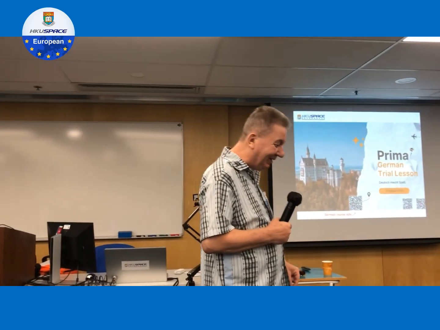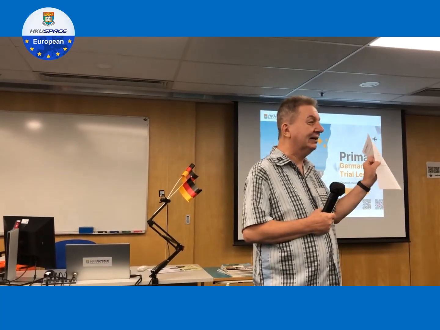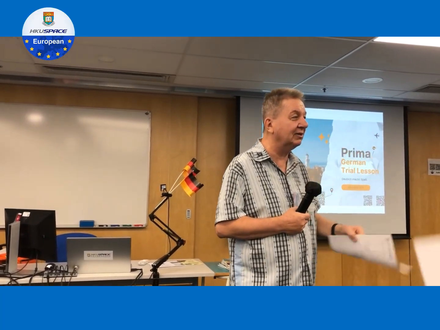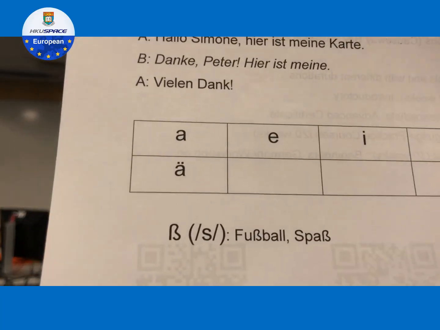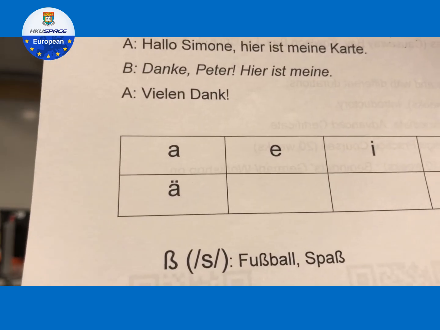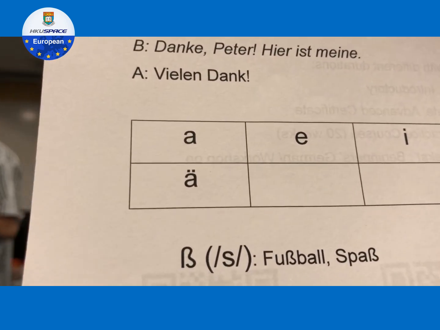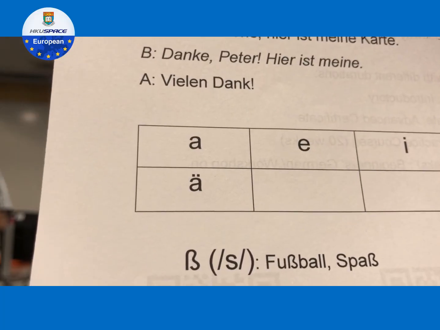Okay, now we see here we have a second line with the two dots on some vowels. Let's do the contrast. A. So when we put the two dots there, the mouth opens, right?